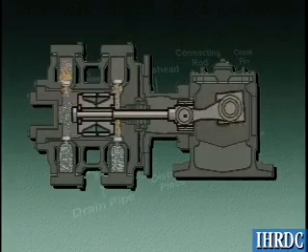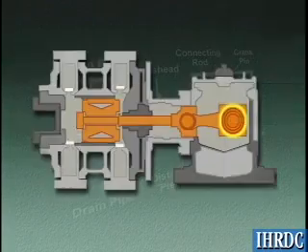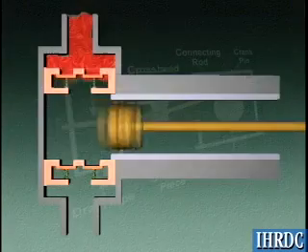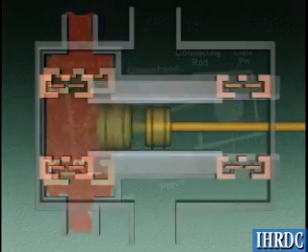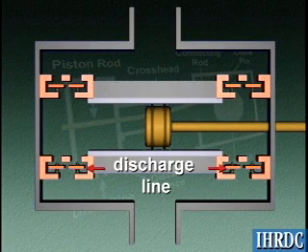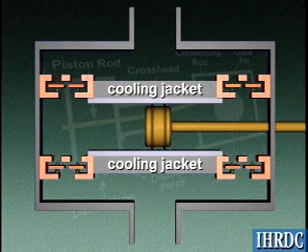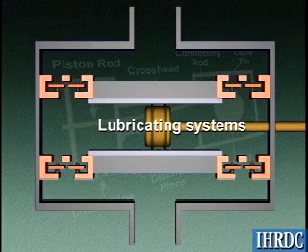The rotary motion of the drive unit is converted to the reciprocating motion of the compression unit by means of a crankshaft, connecting rod, and crosshead. Along with the piston-cylinder arrangement, compressors contain such internal components as the suction line, discharge line, valves, cooling jacket, and lubricating systems.